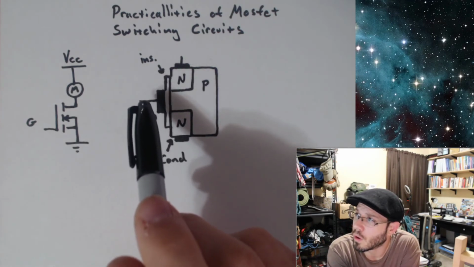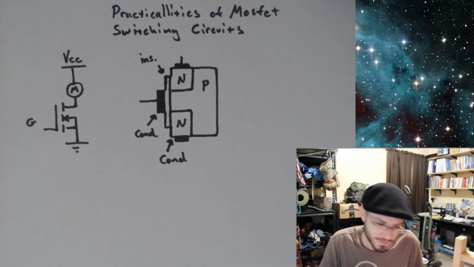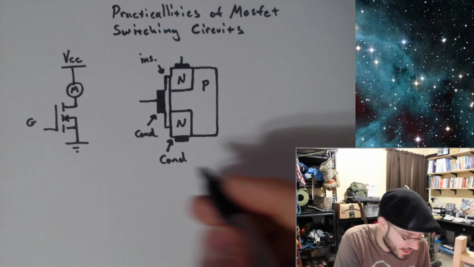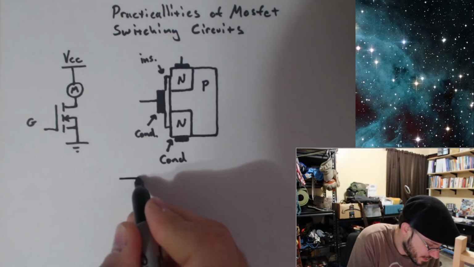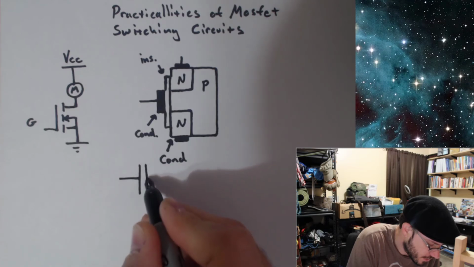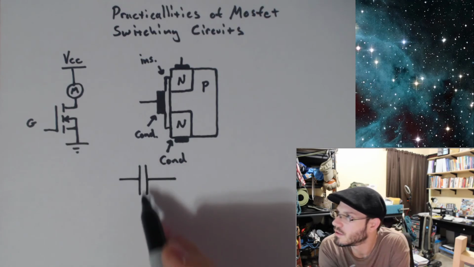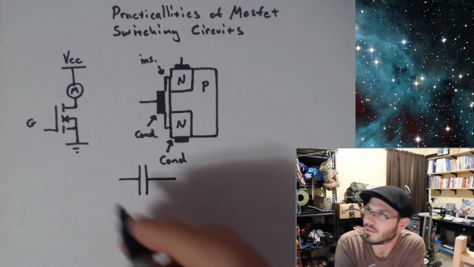So what have we formed between the gate and the body of this MOSFET? What happens anytime we have a conductor and another conductor separated by an insulator? We get a capacitor.